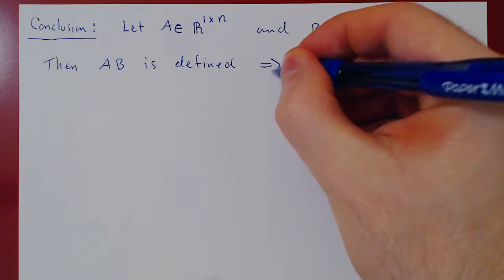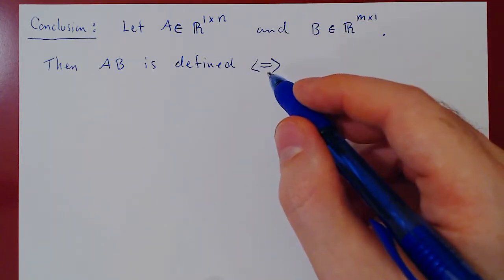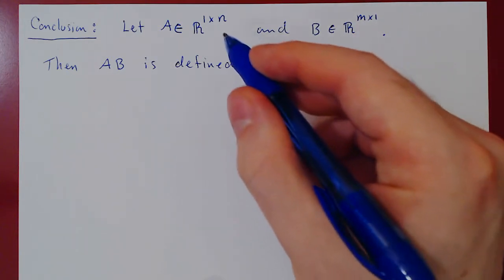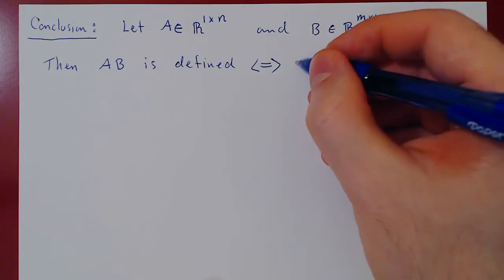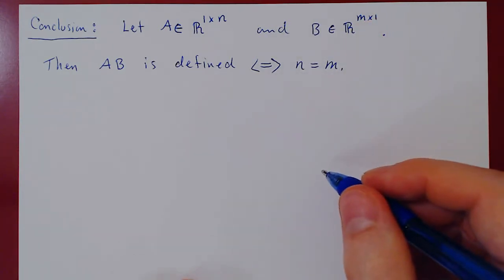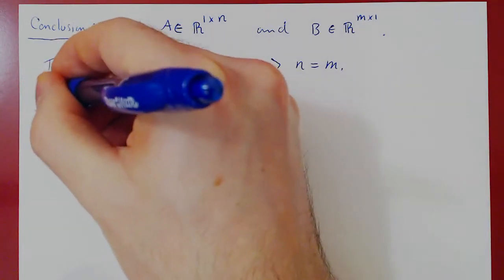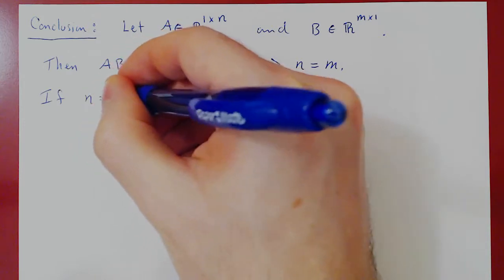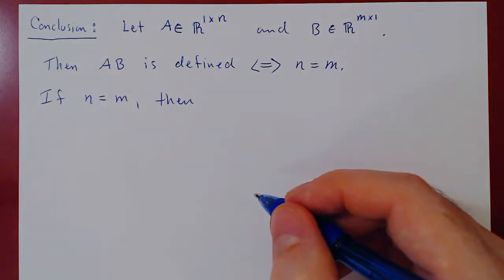if and only if, right? This double-headed arrow means if and only if. Well, if they have the same length. So if n is equal to m. That's the first part. Now, if n equals m, if they have the same length, then how do we perform the multiplication?